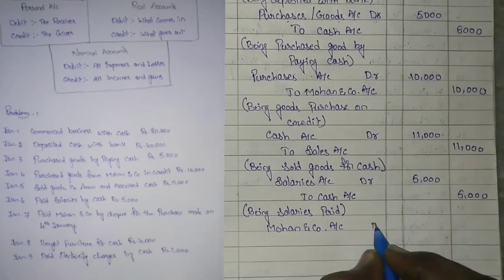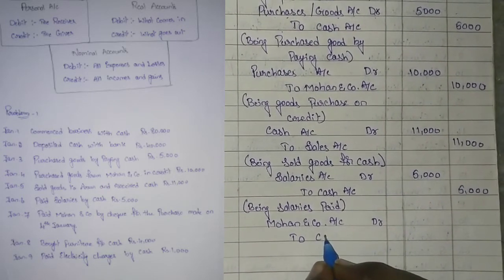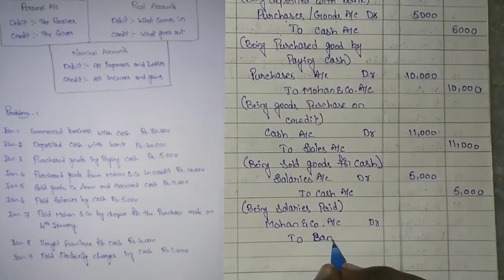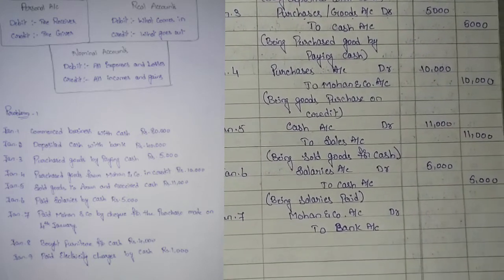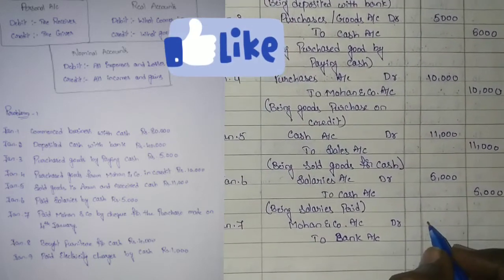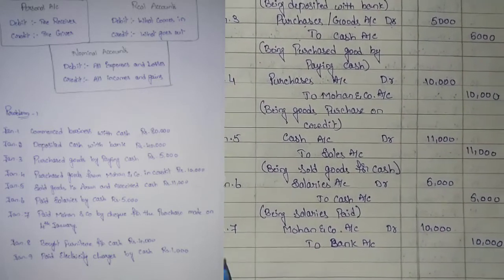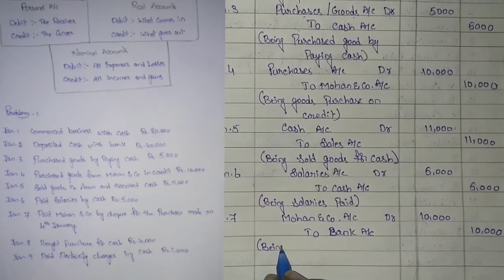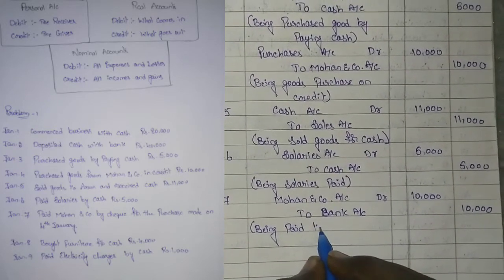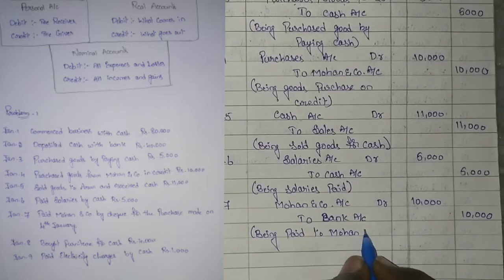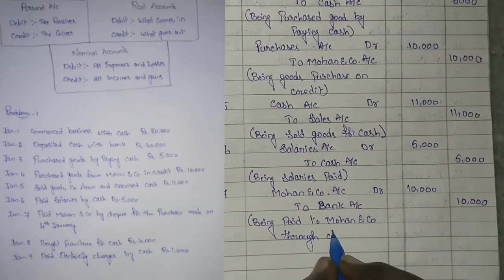Mohan and company account debitor to bank account, because the amount we are paying through check, which indicates a bank transaction. So the amount is 10,000, for the credit transaction made on the 4th. And the narration being paid to Mohan and company through check.